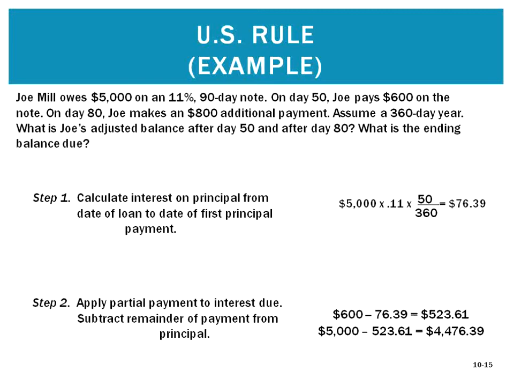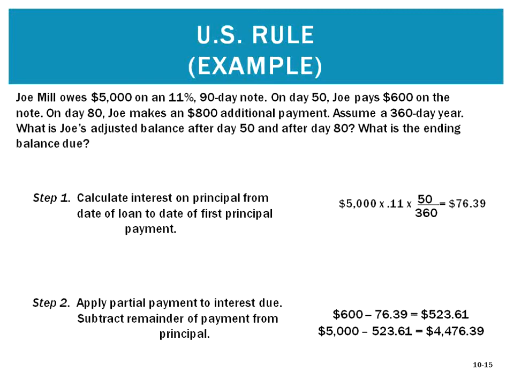Okay, so on day 50, he makes a $600 payment. Of that $600, first he has to pay off the interest, which is $76.39, and whatever's left goes against the principal. So $523.61 is whatever he's going to pay against the principal.